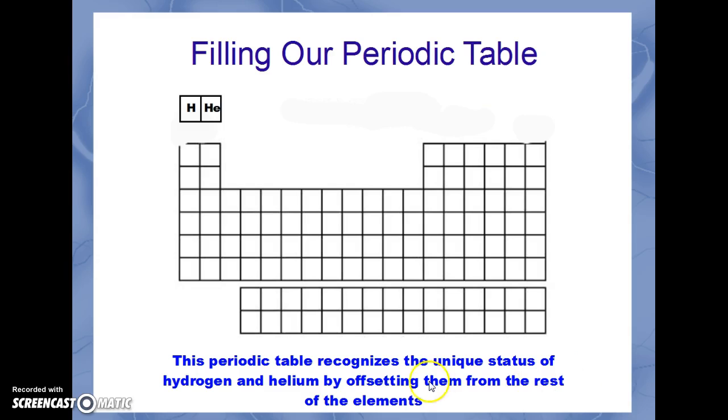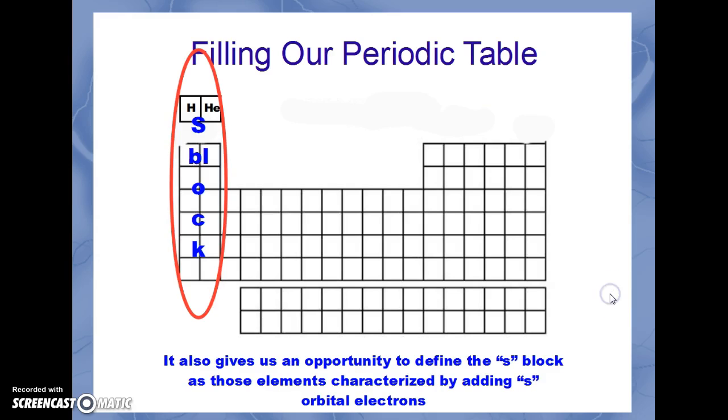Now this periodic table recognizes the unique status of hydrogen and helium by setting them off in a kind of family by themselves. It also gives us an opportunity to define the s block as those elements characterized by adding s orbital electrons.